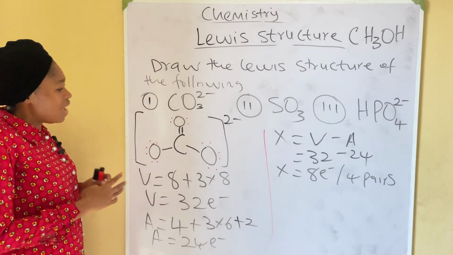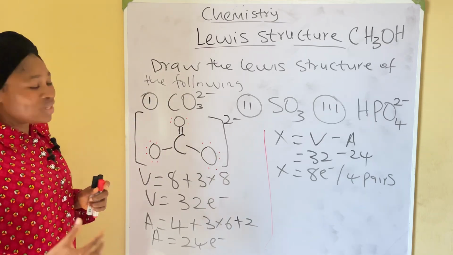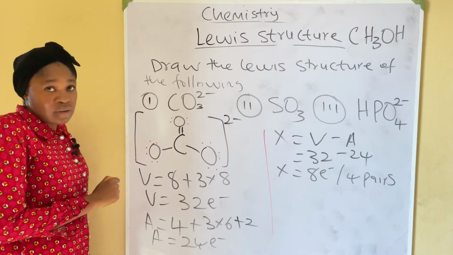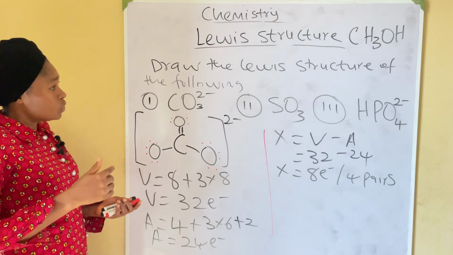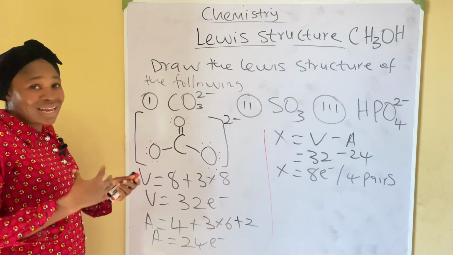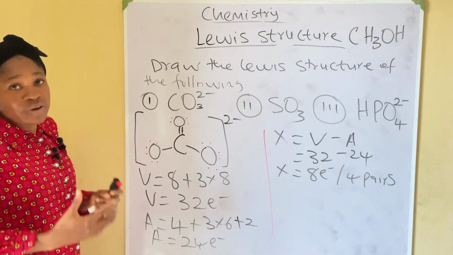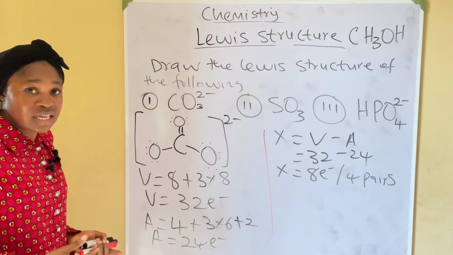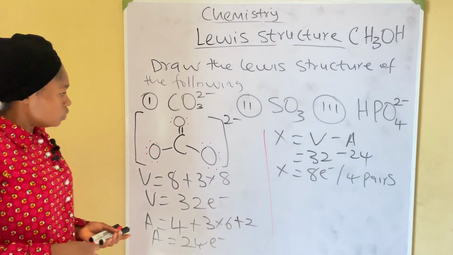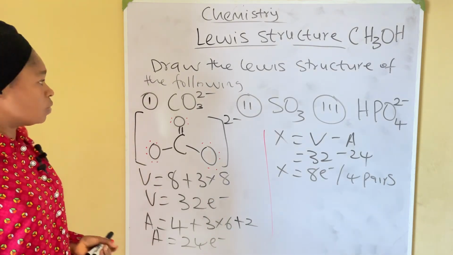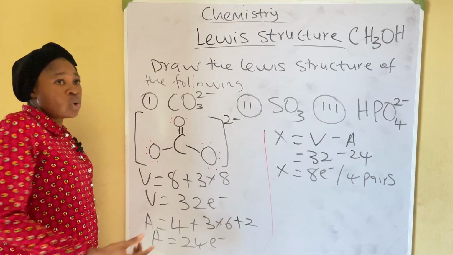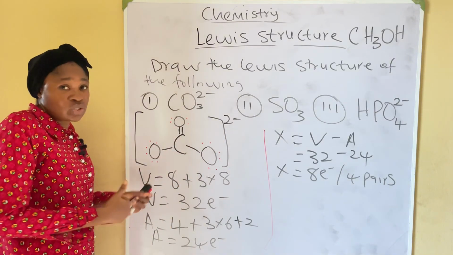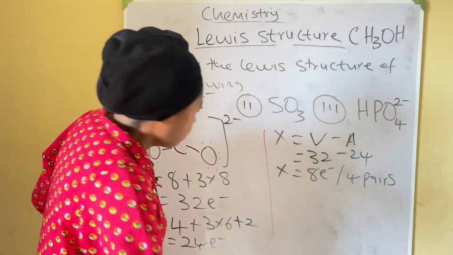So it means that you can have other equivalent structures of this carbonate ion, and any molecule or radical that has two or more equivalent forms is said to exist in resonance forms. So if you are asked to draw, for example, the resonance structure of CO3 2 minus, it means they don't want you to put only one single structure. We have to draw other equivalent forms of it.